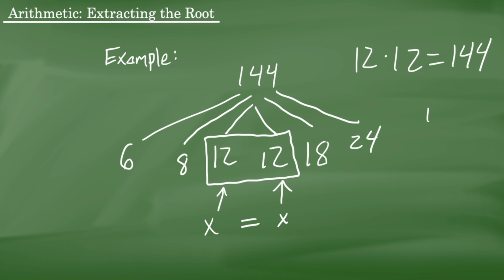We can check that even. 12 times 12. 2 times 2 is 4. 2 times 1 is 2. We add a 0 here to move up to the tens place. 1 times 2, 2. 1 times 1, 1. Add together the tens place and the ones place values, and we get 144.